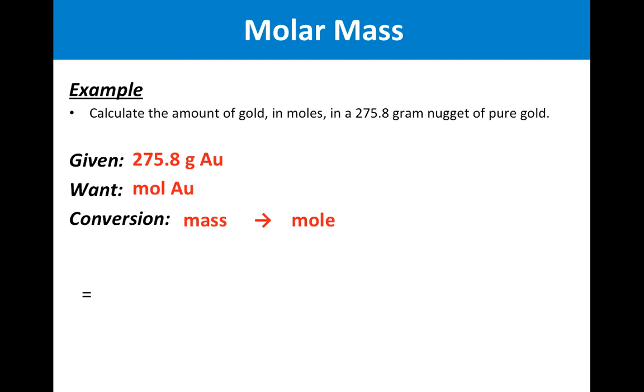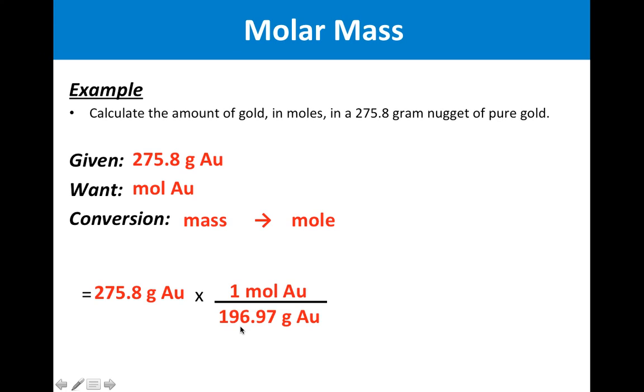So let's start with what you have. So 275.8 grams of gold times it by the atomic mass, because here I want to cancel out my mass, so the mass goes on the bottom and the moles will go on the top, because I want to convert it to moles. And now I have 1.4 moles of gold.